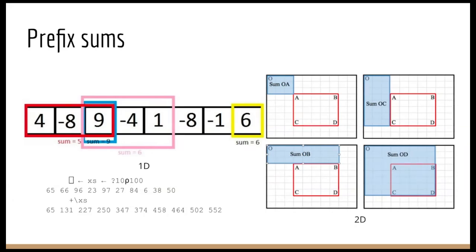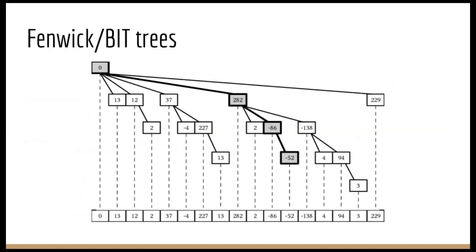And this way we have constant time queries, and unfortunately we don't have efficient modification support, but we do get linear space, so it's very simple to implement and very fast in practice, and it also supports two-dimensional data structures. If we do need to support modifications, we can use Fenwick or bit trees that support both queries and modifications in logarithmic time.